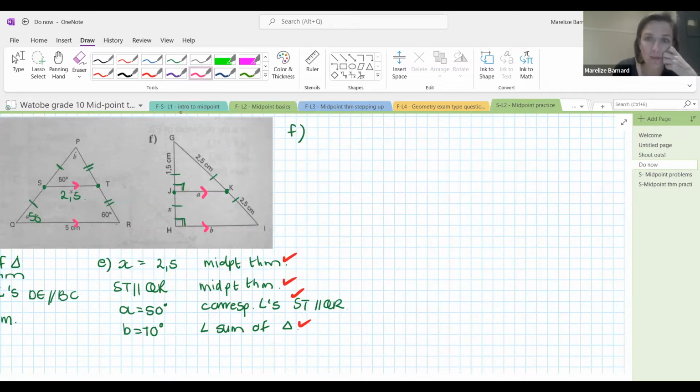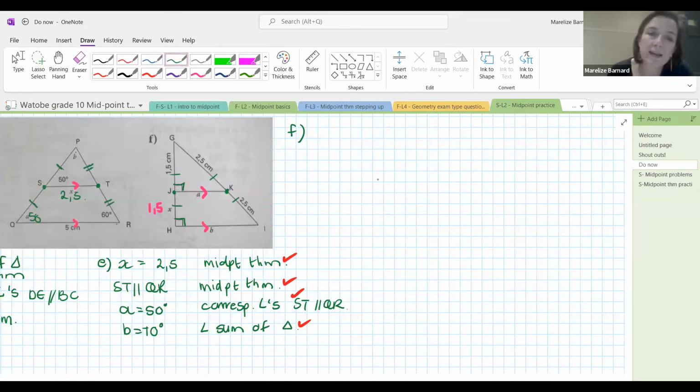We just have to first deal with the whole parallel line bit. And then we can say that this is 1.5. And then we're going to do Pythag for B or Pythag for A and then double it to get B.